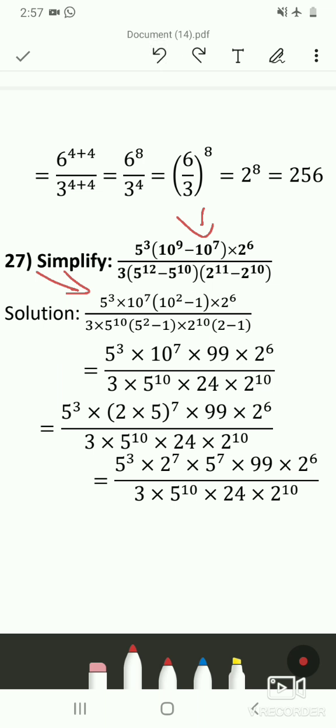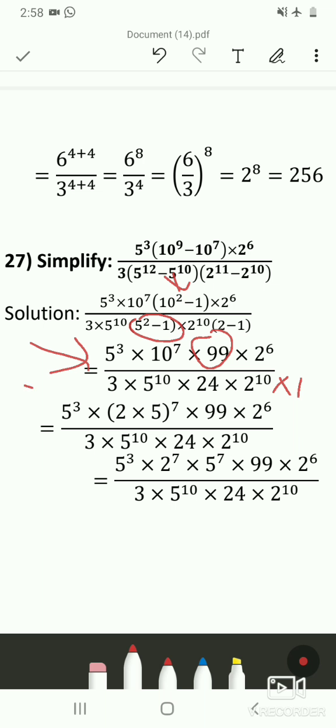So in the next step it is just a simplification. So here you'll write it as 5 cube into 10 raised to 7. So here 10 square minus 1 is 99 and 2 raised to 6 as it is. In the denominator 3 into 5 raised to 10, so 5 square minus 1 is 24 into 2 raised to 10, so 2 minus 1 is nothing but 1.